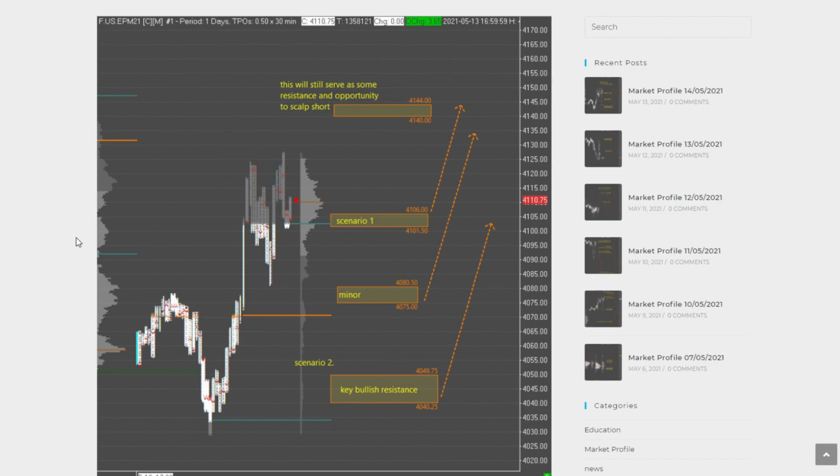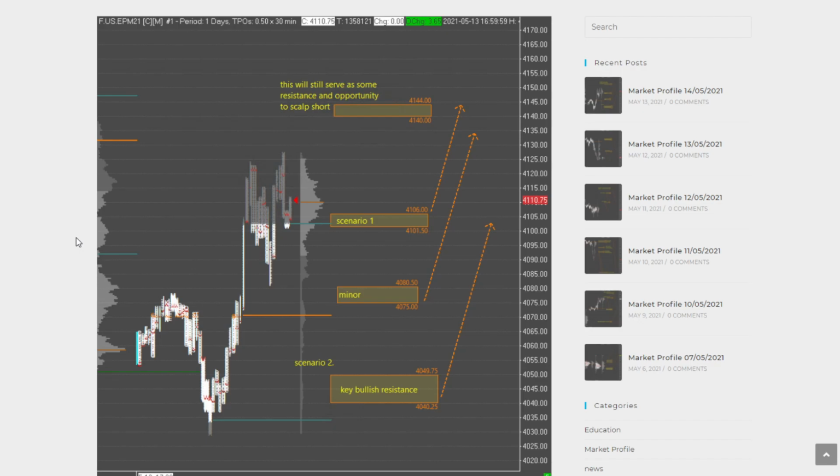So the profile analysis is pretty straightforward. Based on my experience and screen time with profiles, and also machine learning, which I used to find patterns, I constructed a sort of playbook for ES profiles, and it's working really nicely.